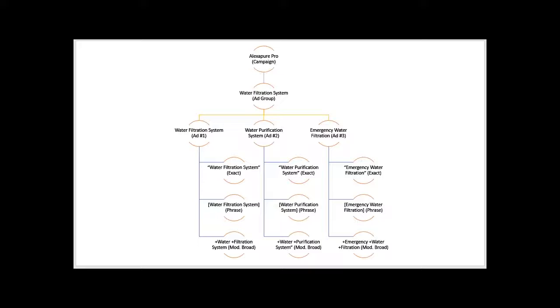What I imagine that I will have to restructure is going to be the ads so that I can have one keyword per ad group. You can see an example here in this flow chart. Water filtration system ad number 1, water purification system ad number 2, emergency water filtration ad number 3, and underneath those I will have the different match types: exact, phrase, and modified broad.